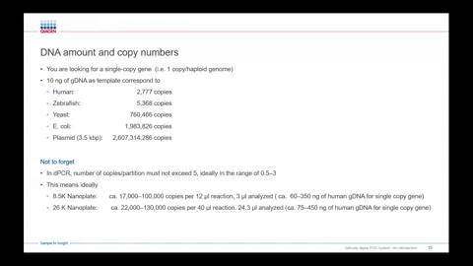A question which is frequently linked to dPCR: which template amount should I use for my experiment? Given that you even have the choice to decide, the answer is it depends. Imagine you are looking for a single copy gene, which means 1 copy per haploid genome.